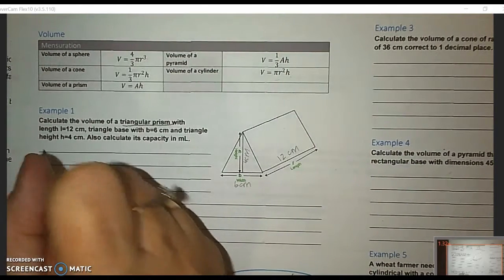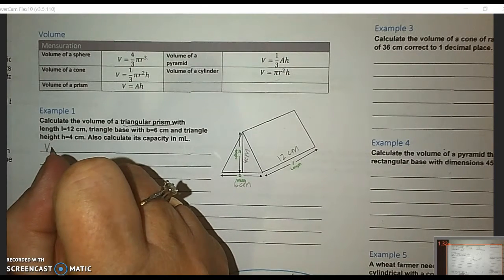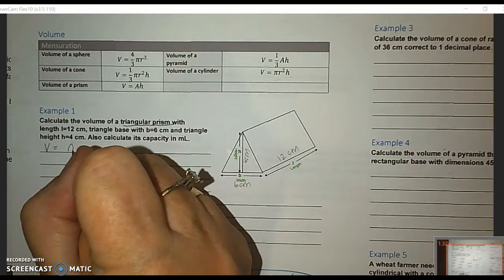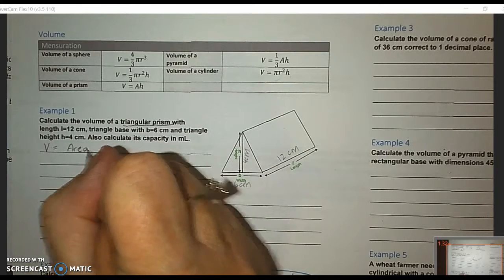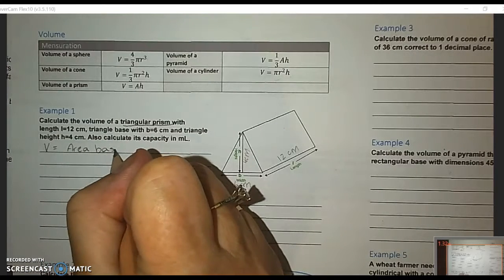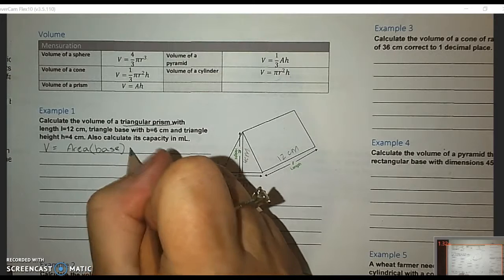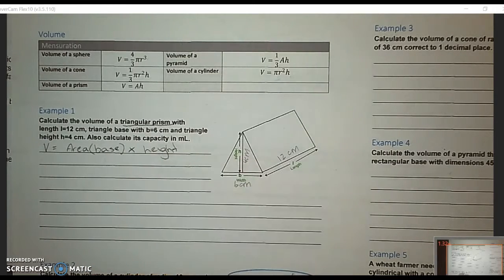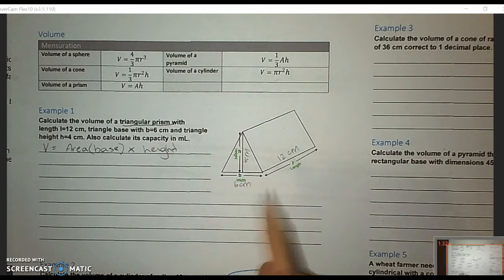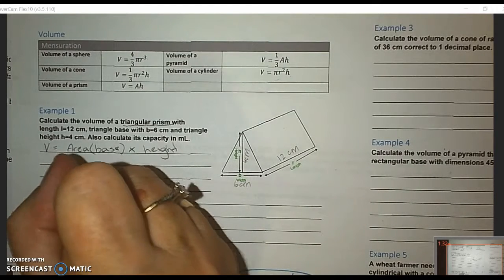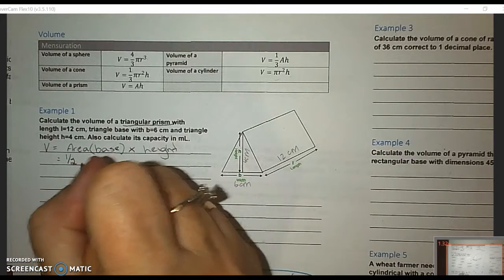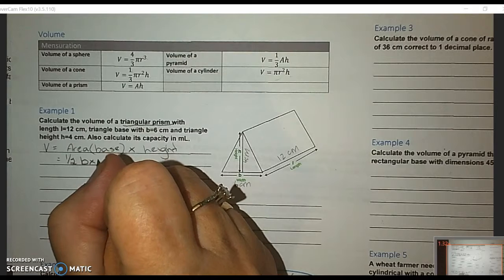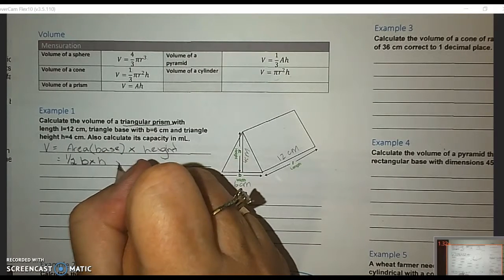So our volume is area of the base times the height. So being a triangle, it's half base times height.